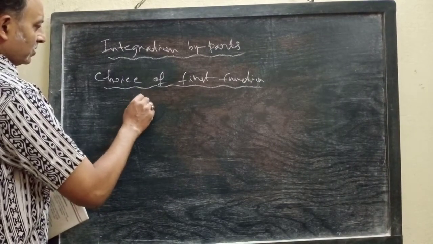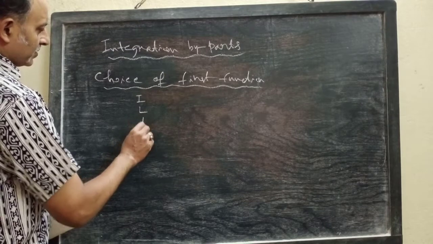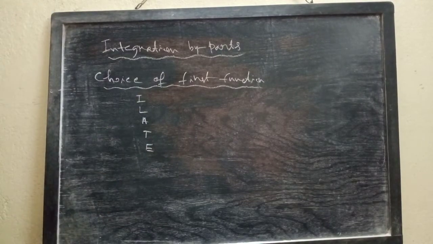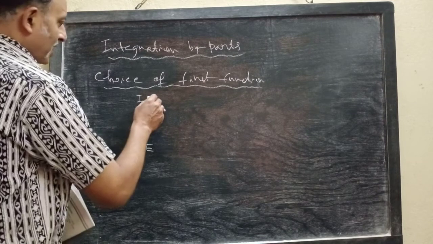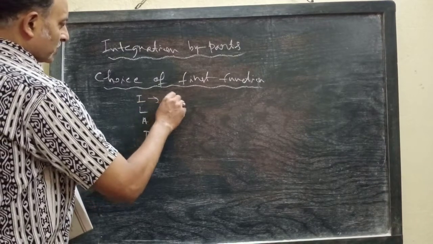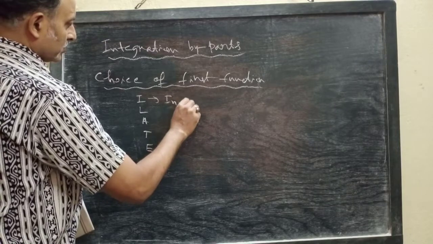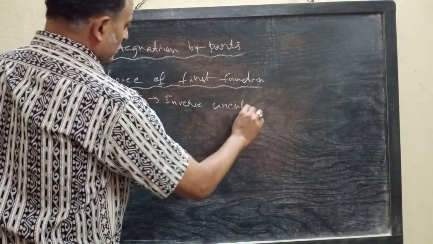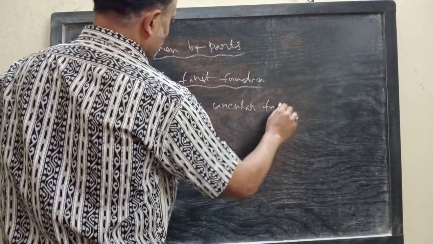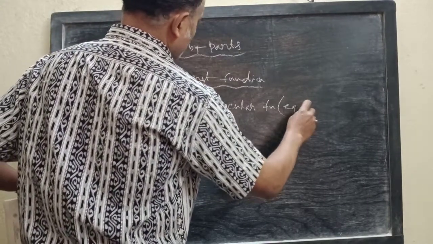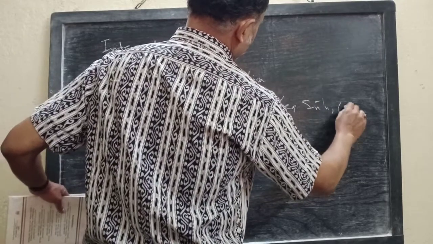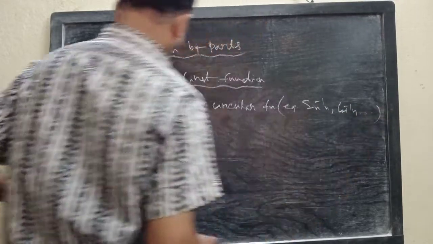This is done by the rule ILATE. I stands for inverse circular function, for example sin inverse x, cos inverse x, etc.